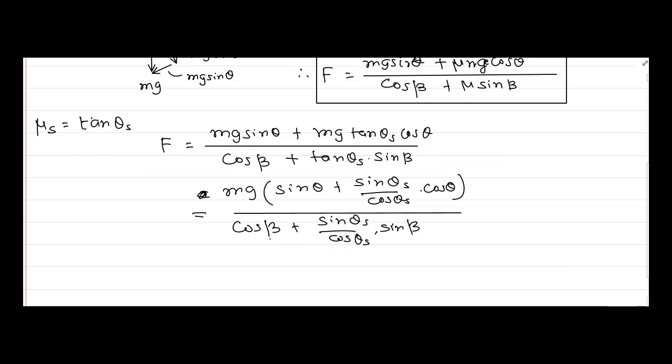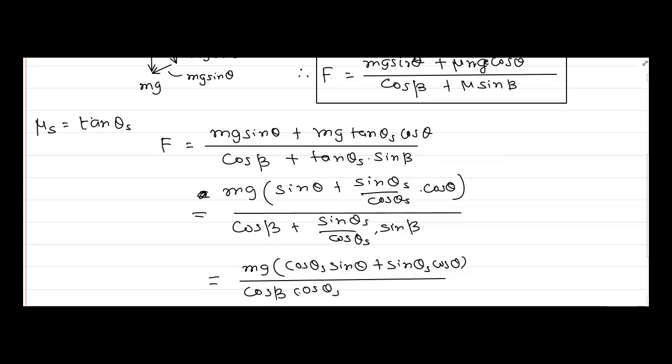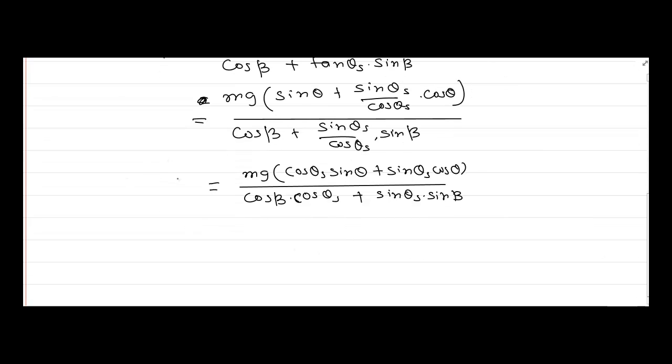Here cos theta s will get multiplied with cos beta, and therefore this will become equal to mg into cos theta s sine theta plus sine theta s cos theta in the numerator, and in the denominator we will have cos beta cos theta s plus sine theta s sine beta. This is equal to F.